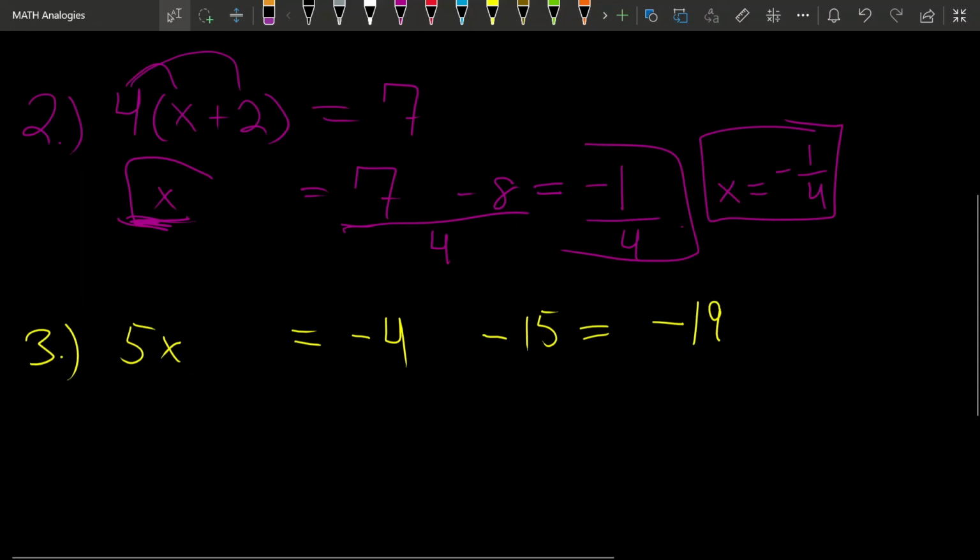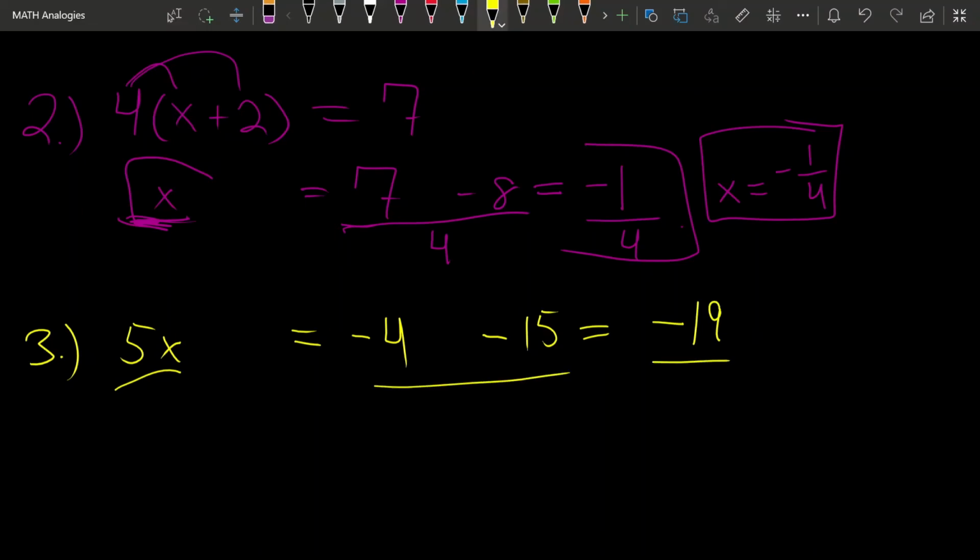Alright, and if we were to solve for x over here, we would have to get rid of that 5. So we would just divide everything by 5. Alright, but we really only care about this outside stuff.